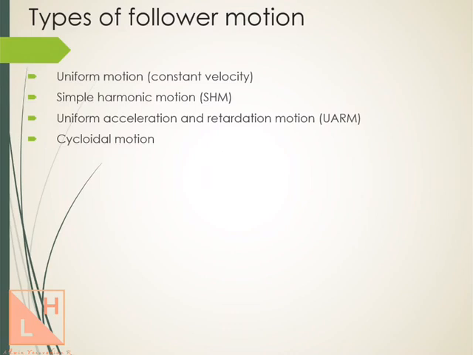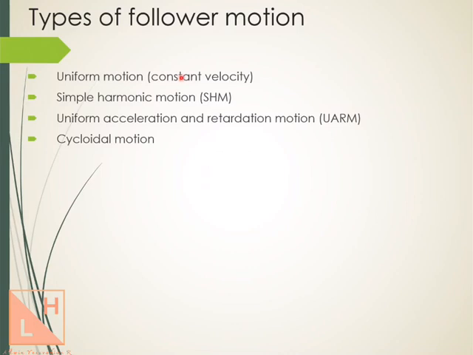Depending on the problem, the data, the given profile and the working conditions, the follower will have any of these types of motion, and it completely depends on the type of follower, the given data, and the application and design of the cam for which it is proposed.